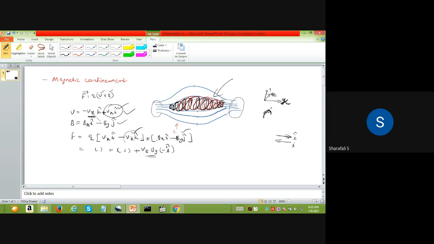So in that case, we have minus Z direction. Suppose this is your plus Z and this is your X. If this point is considered, it is coming from reducing Z, so from that Z it is coming back.